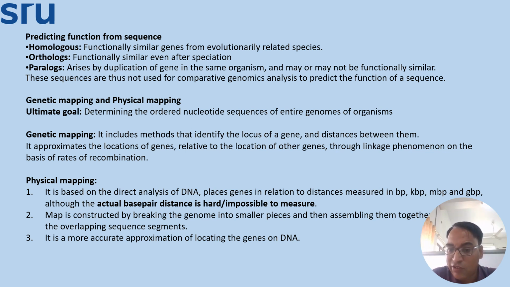Okay, and what are the units here? Either base pair, kilo base pair, mega base pair, giga base pair, like that. Base pair means one base. A kilo base pair means a distance of 1000 bases. Mega base pair means the distance between two genes is in the order of 10^6 bases. Giga base means the distance between two genes is in the order of 10^9 bases.